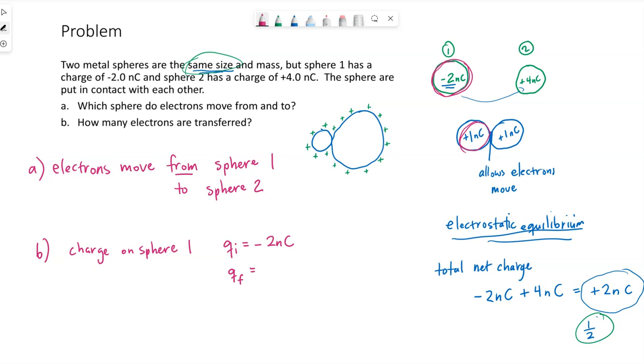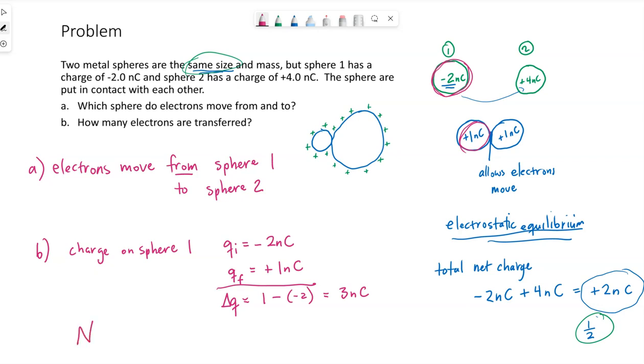The charge ends up at 1 nanocoulomb. So the charge has changed. Remember, we always take final minus initial. So this charge has changed by 3 nanocoulombs. And so essentially, we just have to figure out how many electrons that is.